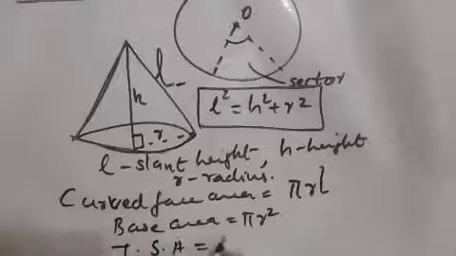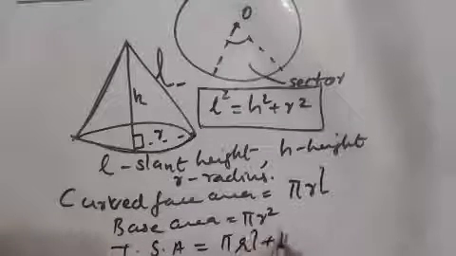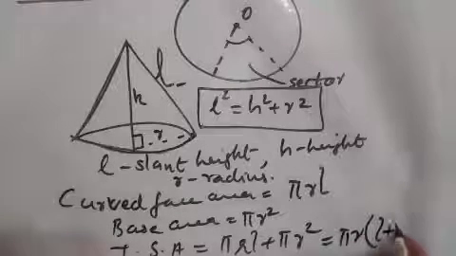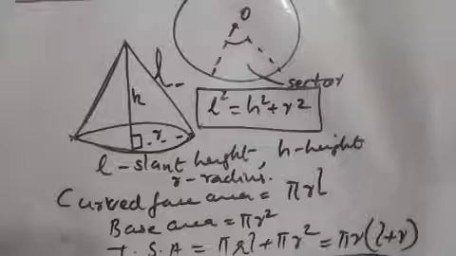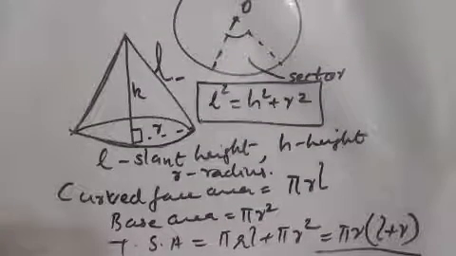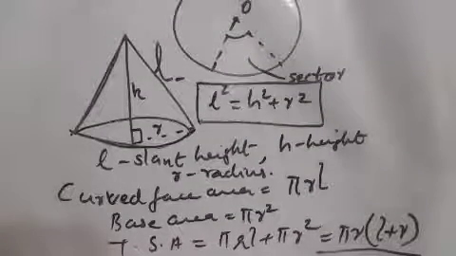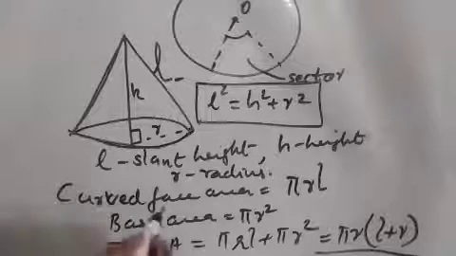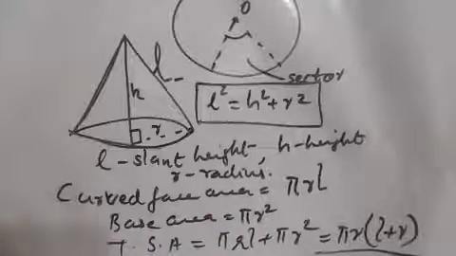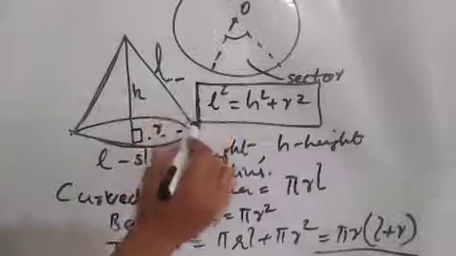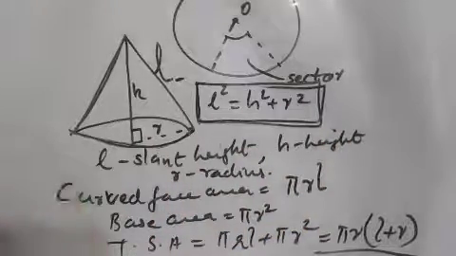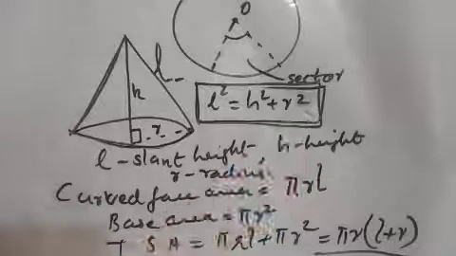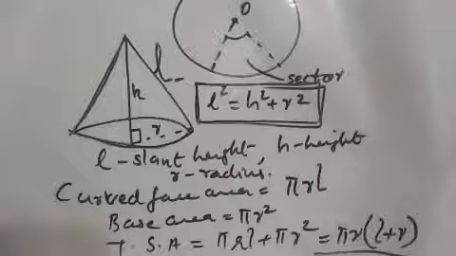Total surface area is pi r L plus pi r square. Or you can take pi r outside, pi r into L plus r. Pi r into L plus r is the total surface area of a cone. Base area is pi r square, curved surface area is pi r L. And we have the relationship L square equals h square plus r square. By knowing any two quantities, we can find the third quantity. For that, we use the Pythagoras theorem here.